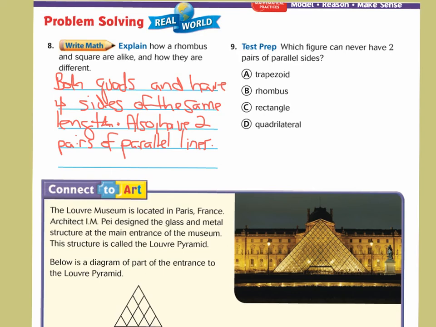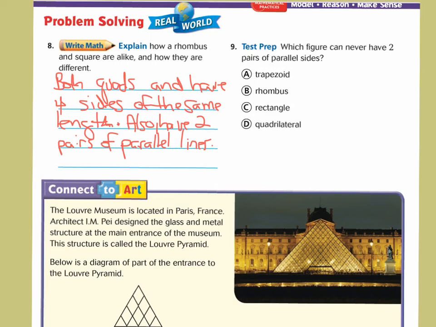The slant comes from their angles. The slant comes from having acute and obtuse angles as opposed to 4 right angles. So when I say slant, that's what it's coming from.